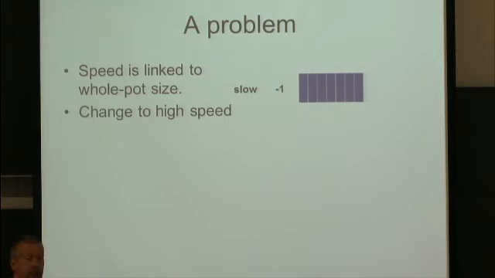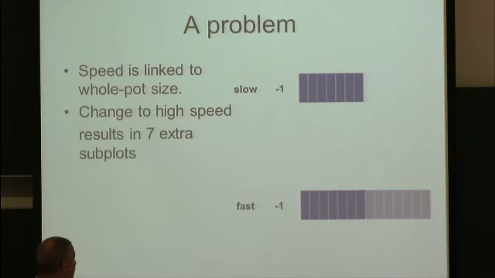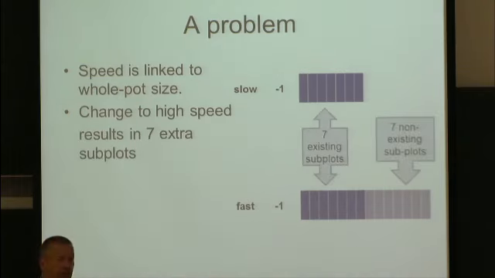If you change that to a high speed, then all of a sudden you have 7 additional subplots. So the fast whole plots are sized 14, and you have 7 extra subplots in addition to the existing subplots.